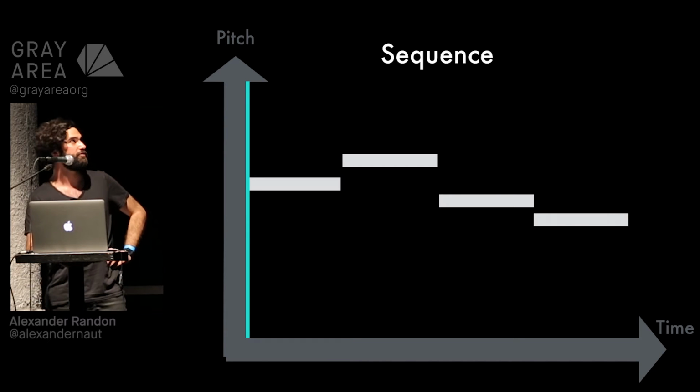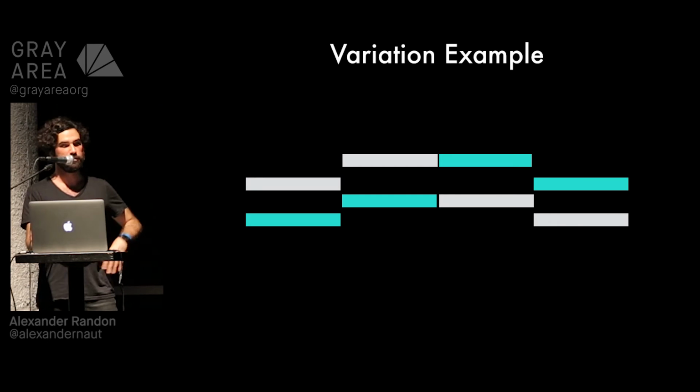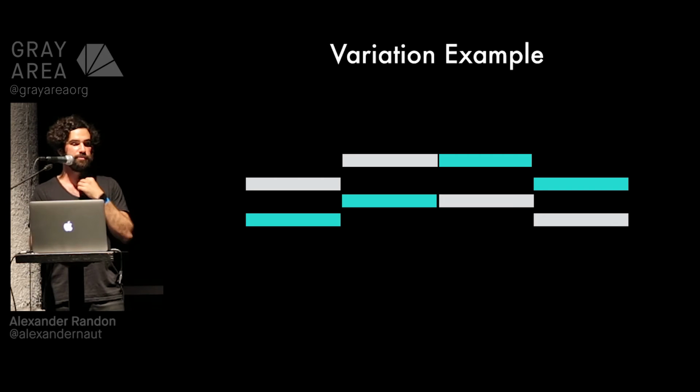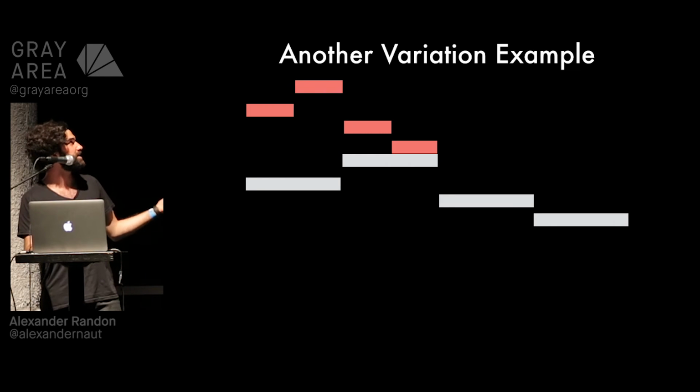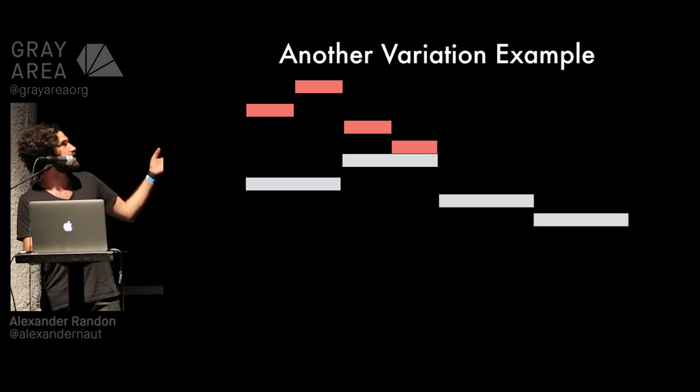So what do I mean by variation? Like I mentioned before, an example of a variation might be you take this note sequence, flip it and play it in reverse. Or another example might be you play the note sequence twice as fast and an octave above.